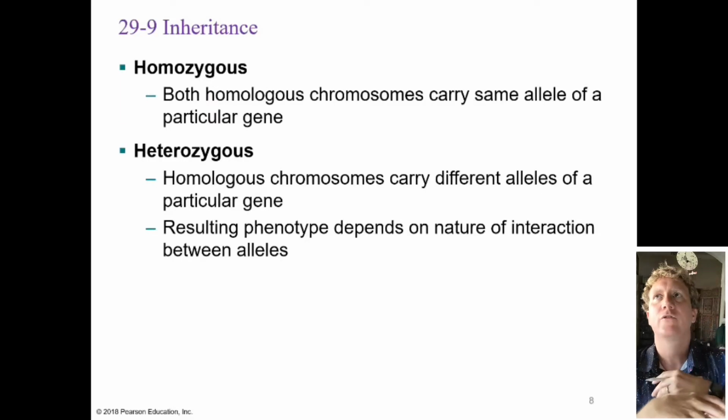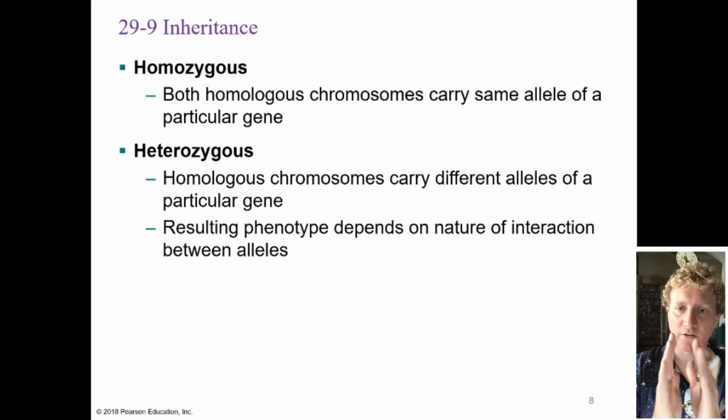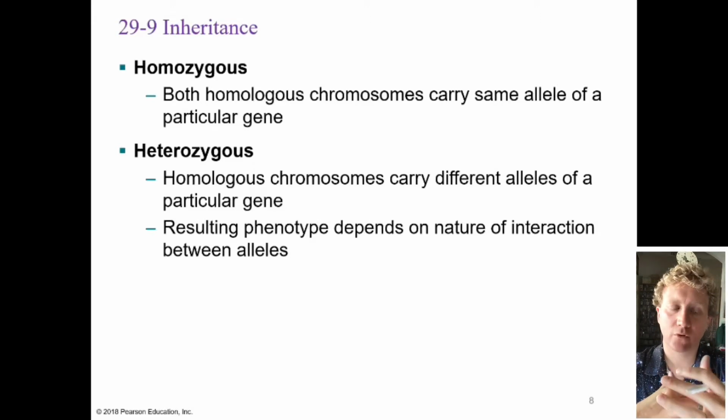We can have 2 alleles that are the same, that is homozygous. You can be homozygous dominant, that means they're both big, or they can be homozygous recessive. Heterozygous, hetero meaning different, zygous meaning like zygote, like different arms, different chromosomes, okay? Homo is the same.